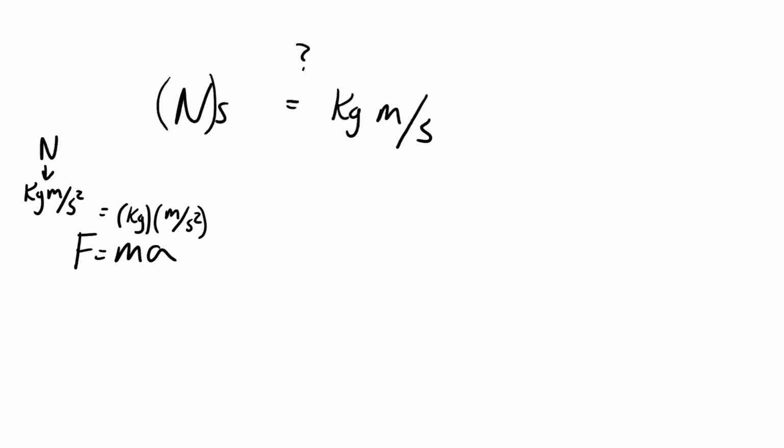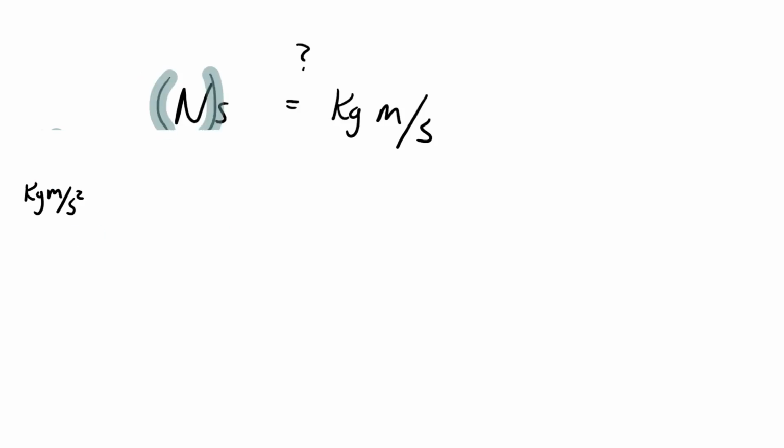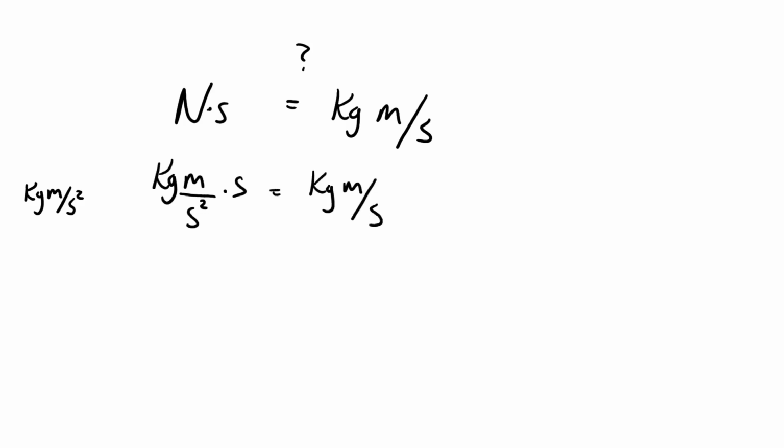Okay, knowing that, let's plug that in over here. So let's take that idea, erase that, and take it over here. So we have a Newton is equal to a kilogram times a meter per second squared times a second, which is equal to a kilogram meter per second? Is that what we're saying?